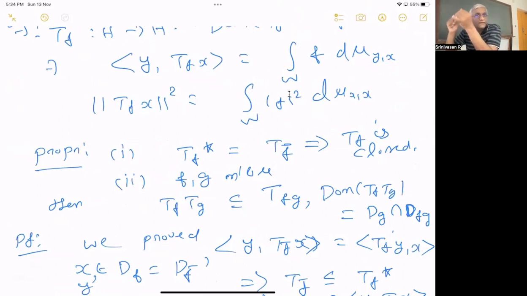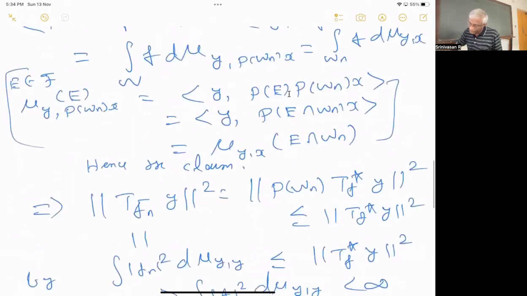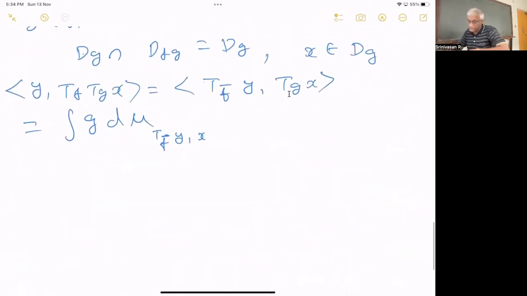If you have a bounded operator, TFTG is equal to TFG; they are equal. For an unbounded operator, TFTG is contained in TFG. That is what I want to say. So the domain is contained and the restriction should be there. Both will follow if we do the calculation.